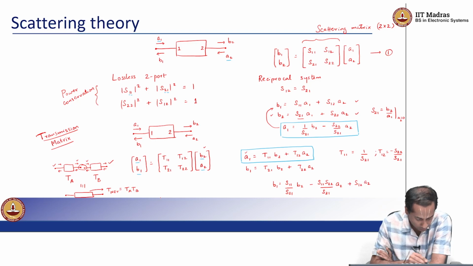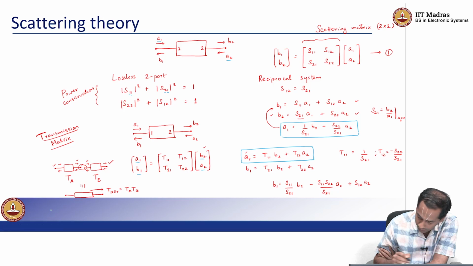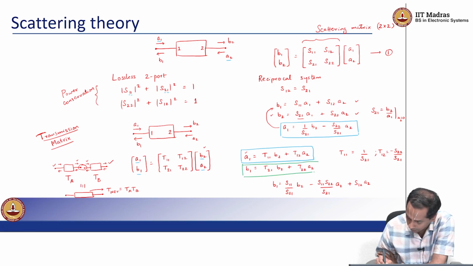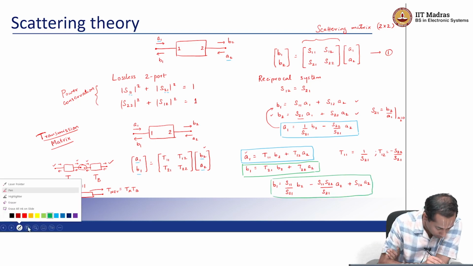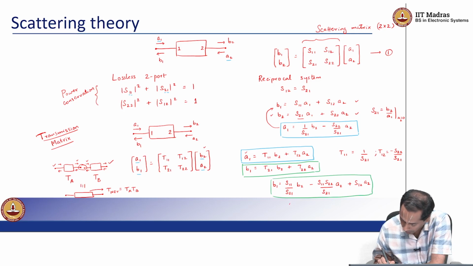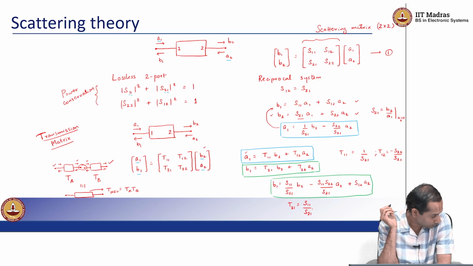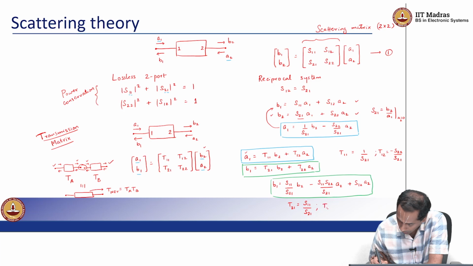Comparing these two equations, we can say that T21 is quite simply S11 by S21, and T22 is S12 S21 minus S11 S22, divided by S21.